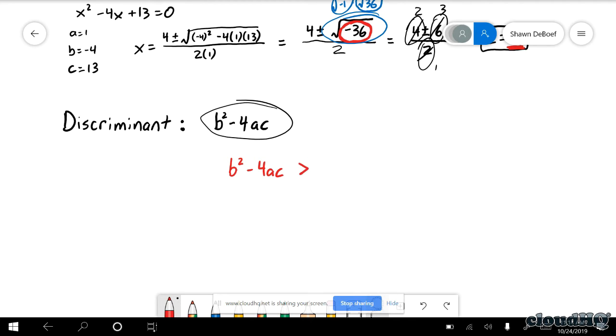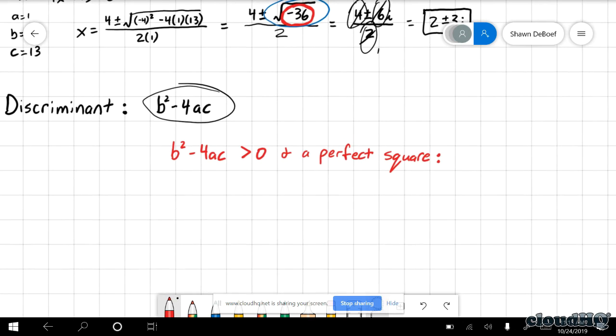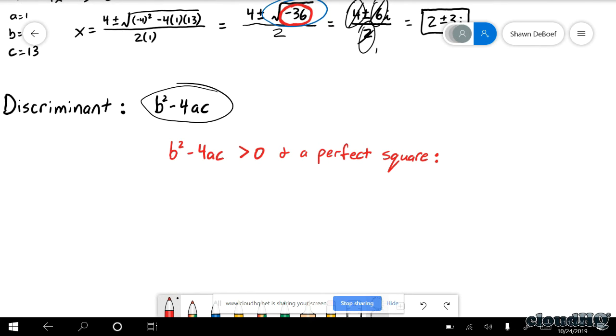If it was positive, or in other words, greater than 0, and it was a perfect square, what did we have for answers? Well, there were 2 of them, and they were both rational. So we could say there were going to be 2 rational roots or solutions.